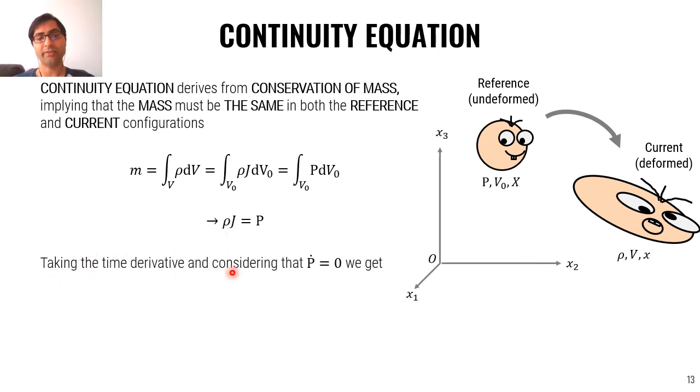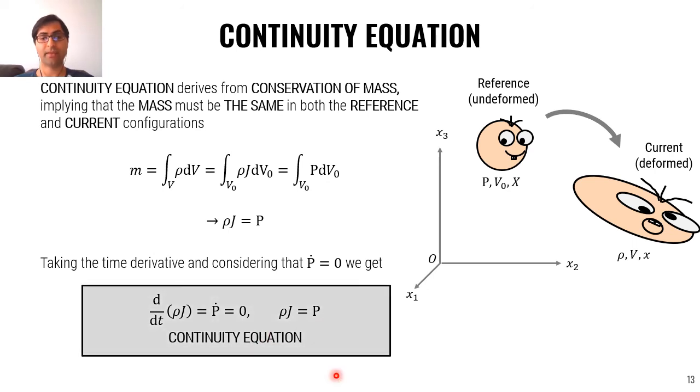Taking a time derivative and considering that we already know P dot is 0, we get the time derivative of rho J is equal to P dot, and we already know P dot is 0, so rho J is P, and the time derivative is 0. This is called the continuity equation.